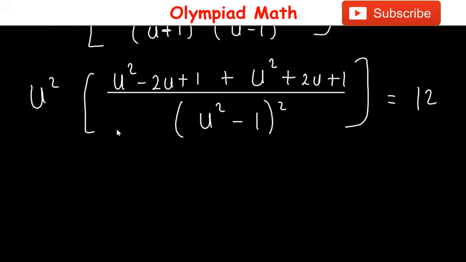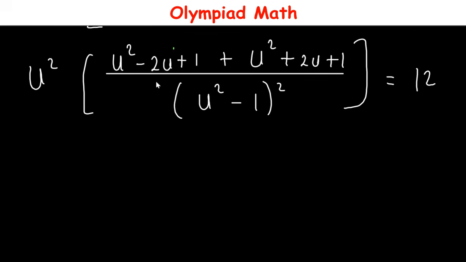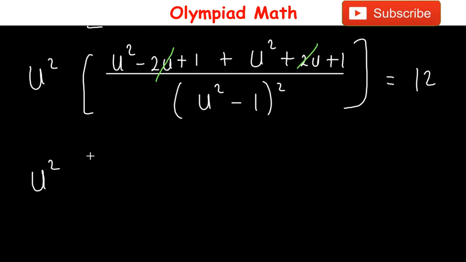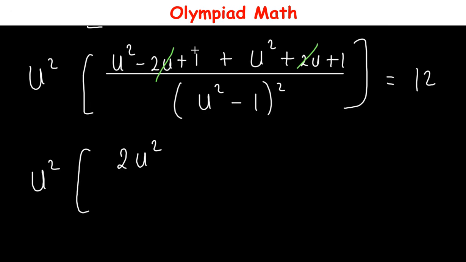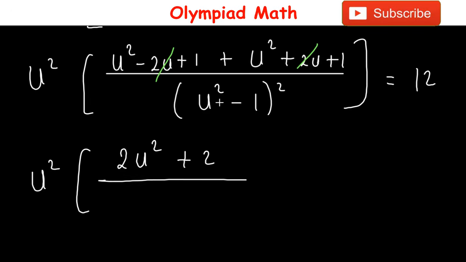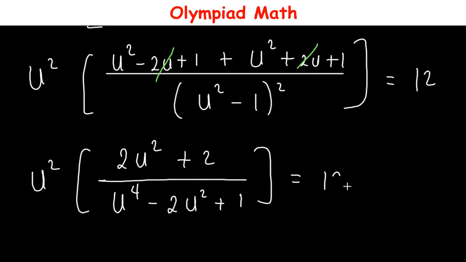From here, the minus 2u cancels out with the plus 2u. So we have u^2 times (u^2 + u^2 = 2u^2, plus 1 plus 1 is 2) all divided by, now expanding this bracket, (u^2 - 1)^2 is equal to u^4 - 2u^2 + 1, and this is equal to 12.